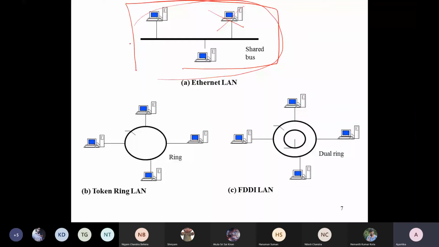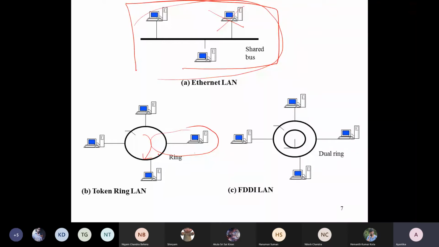But when we come to this ring, what happens if there is one fault? Maybe this network component is faulty. It may affect the communication between these other parts also. So there are different types of arrangements possible, and we will see which type of arrangement is more suitable in the embedded scenario.